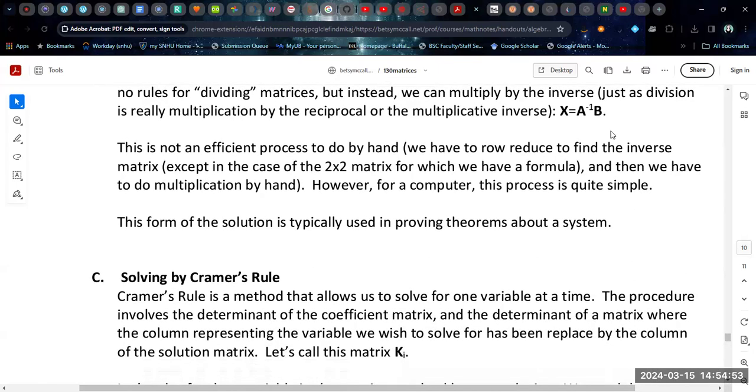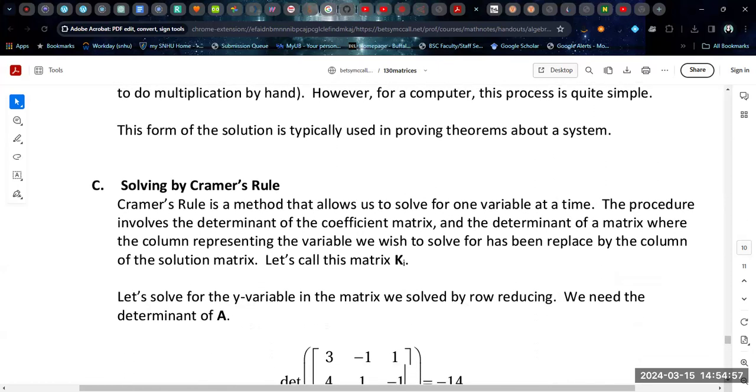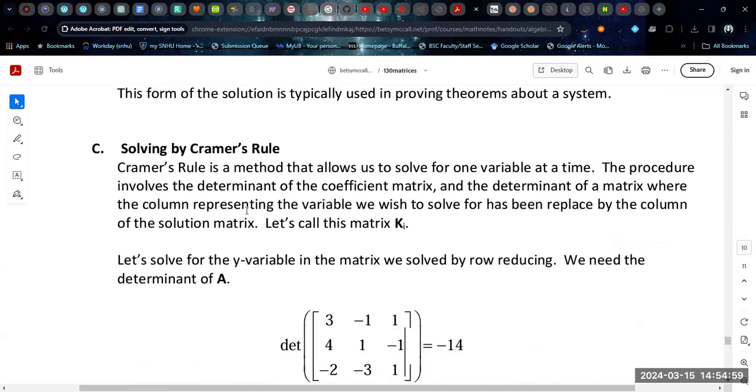Now, if you have an invertible matrix, another way to go about solving the system is using a process called Cramer's rule. Now, this is a very computationally intense process. And so even though we talk about it as an application of determinants in linear algebra, and it is another method for solving systems of equations, it is computationally more intensive because we have to calculate a bunch of determinants.